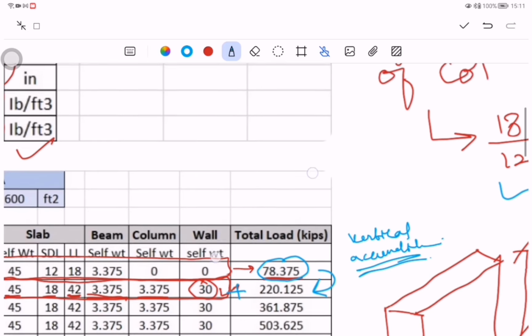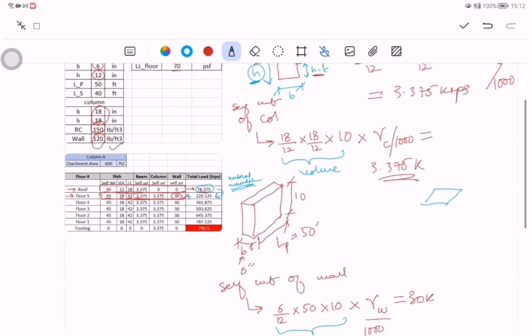If I give you a more elaborate example, let's say this is the catchment of the roof and this is your column which is going down, then this is the catchment at the 4th floor, and the column keeps going on.